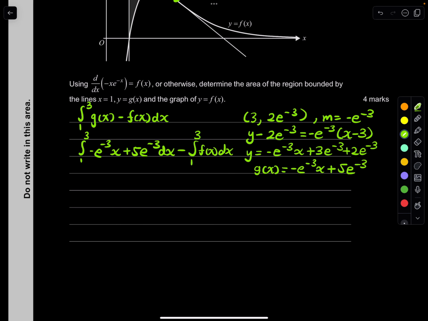I'm not going to write f of x because we can't integrate it, but luckily we have this here. If we integrate both sides, these will cancel out, so basically the integral of f of x is this over here.